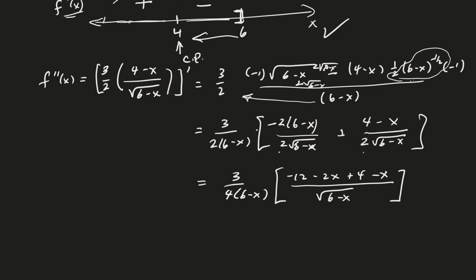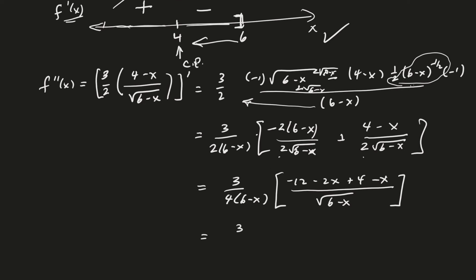Good. I think things are coming together now. So hang in there. That's going to be 12. Is that going to be minus 8? And then minus 3x divided by the square root of 6 minus x.